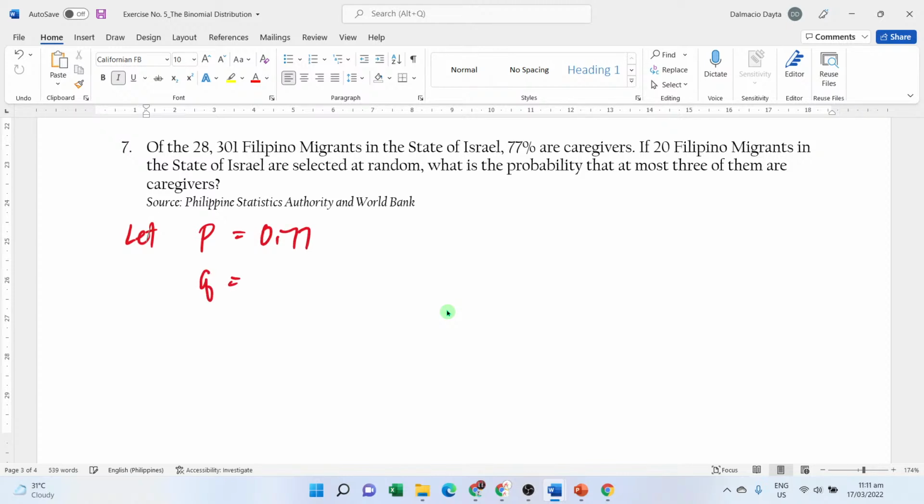And Q, pabaliktaran naman yan, it's not a caregiver, probability is 1 minus 0.77, so 0.23. N is equal to 20. We're looking for at most 3 of them are caregivers. So X must be less than or equal to 3, at most 3.